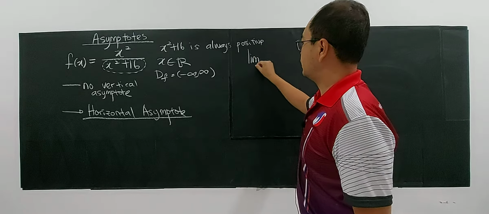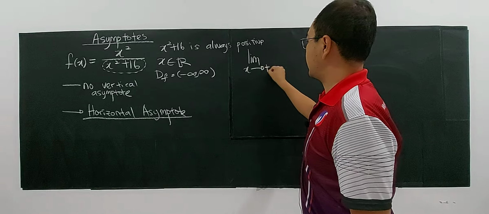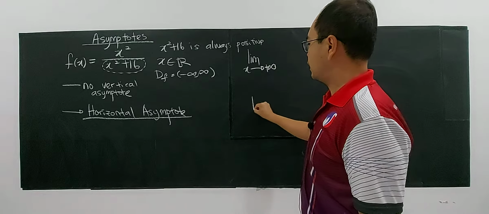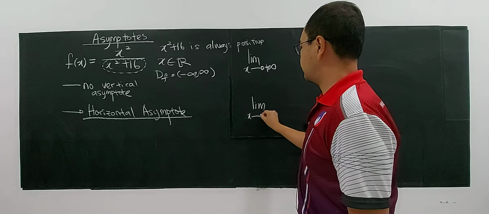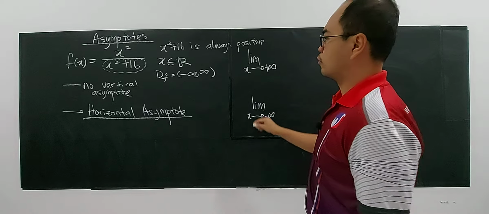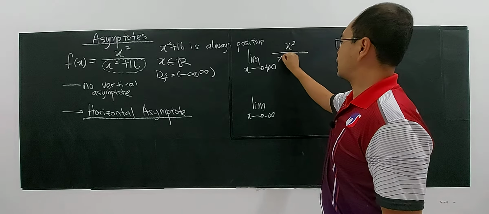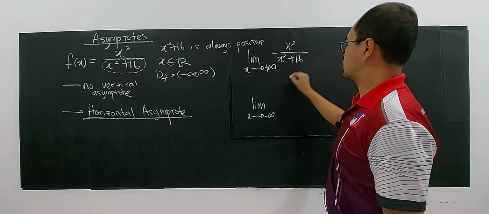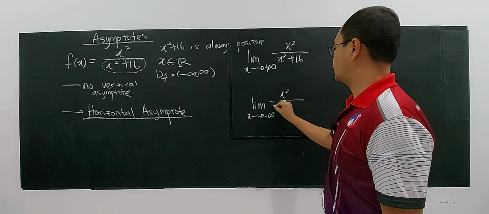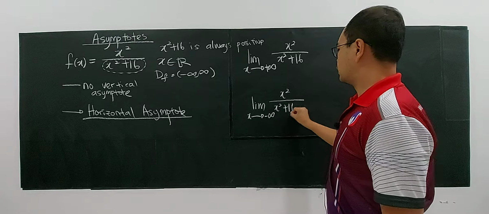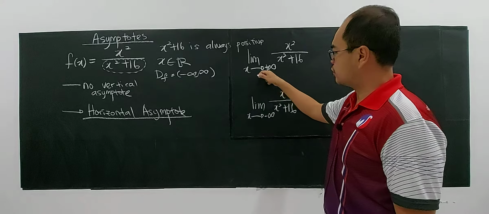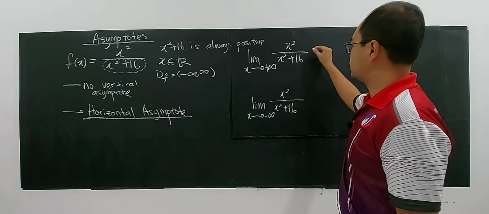The limits at infinity means at positive infinity and at negative infinity. So for this function x squared over x squared plus 16, we find the limits at positive infinity and negative infinity.